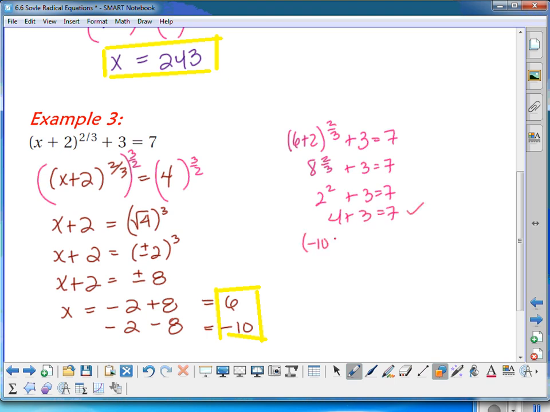If I put the other one in, negative 10, this time I have negative 8 to the 2/3. And that's the cube root of negative 8, which is negative 2, squared. And so it still comes out to a positive 4 because I'm squaring it. And so both of the answers work.